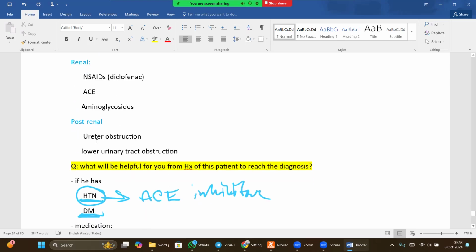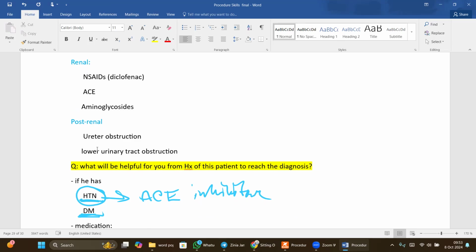And post-renal: ureter obstruction and lower urinary tract obstruction.